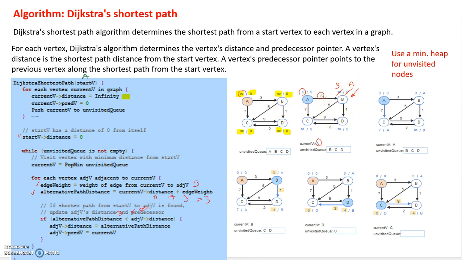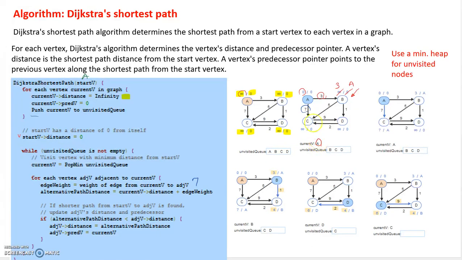Now we do the same thing for the other adjacent node to A. What is the other adjacent node to A? It is C. So we go through exactly the same thing. What is edge weight? Edge weight is 7, the weight of the edge from current V, which is A, to the adjacent node, which is C. And then what is the alternative path distance?